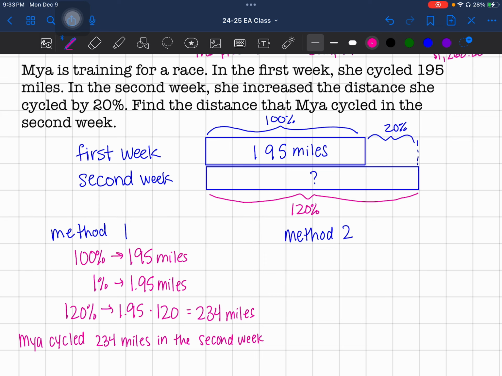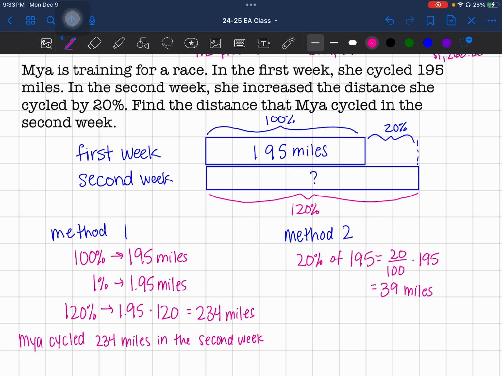Okay, now we're going to try method 2. In method 2, you should get the same answer. So you would have 20% of 195, which is 20 over 100 times by 195, which you should get is 39 miles.